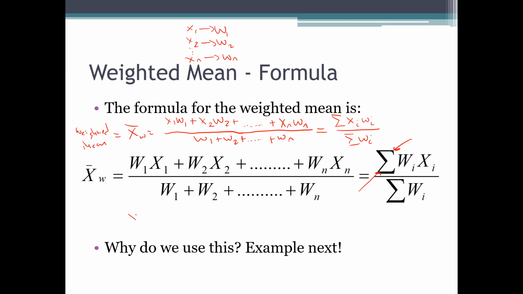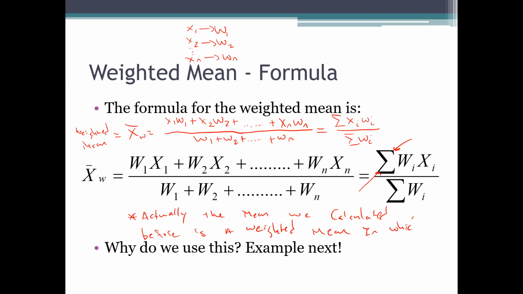So actually, the mean we calculated before is a weighted mean in which each weight is equal to 1. Like the arithmetic mean that we were calculating before, when all the weights are just 1, it just sums up to whatever the sample size or population size is. So it's actually a weighted mean, just with weights of 1.